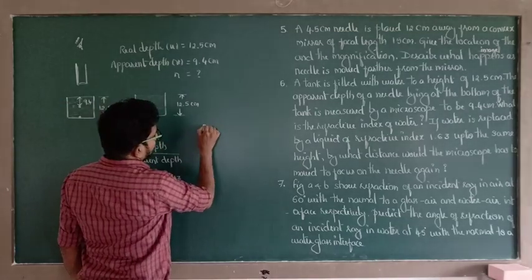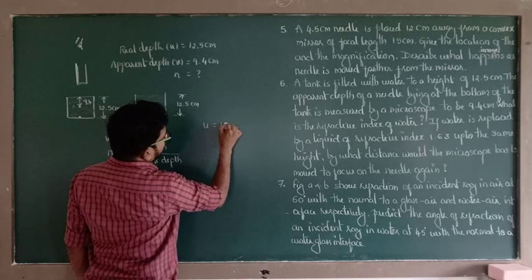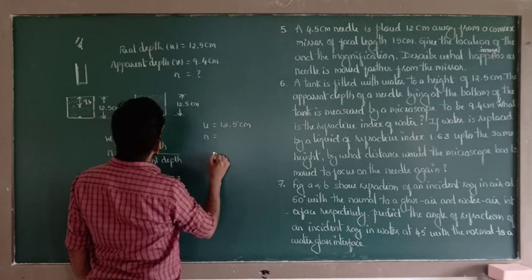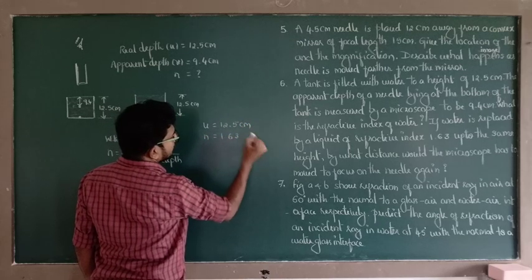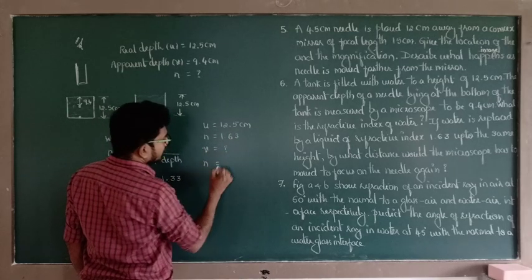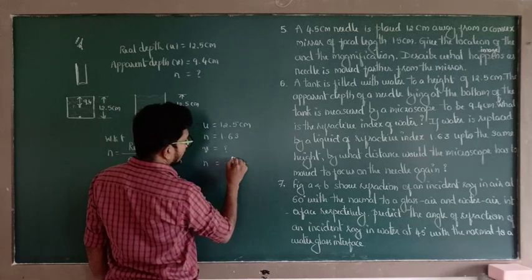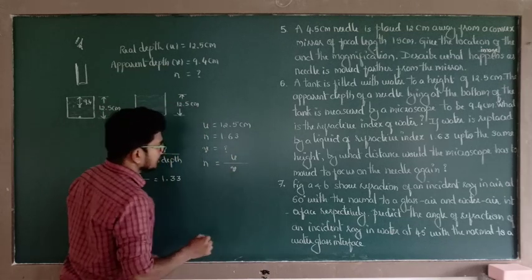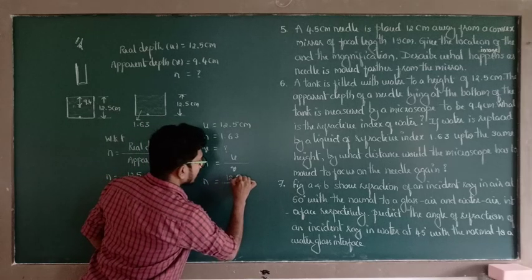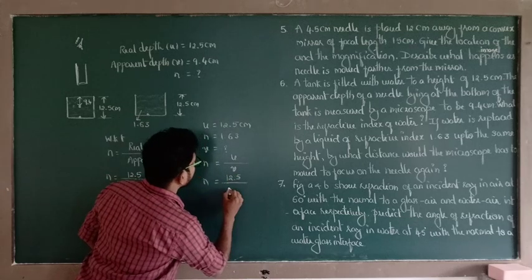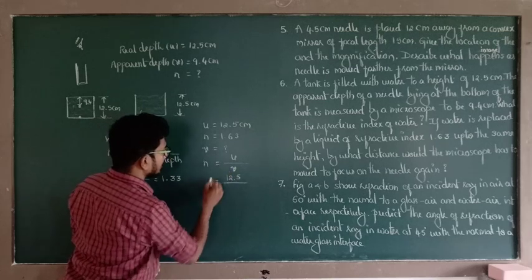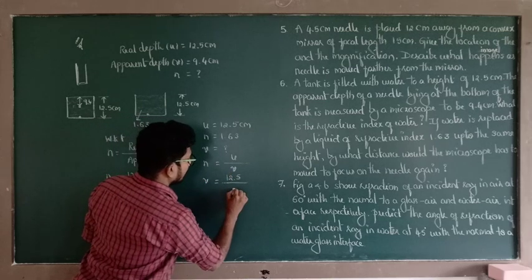here u, the object distance, is equal to 12.5 centimeter, and the refractive index is equal to 1.63. Then for the apparent depth, the image distance: refractive index is equal to object distance divided by image distance, so 1.63 is equal to 12.5 centimeter divided by v. Cross multiplication, we have to calculate the image distance, v equals u divided by n.